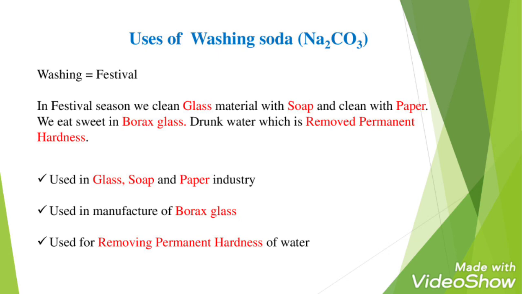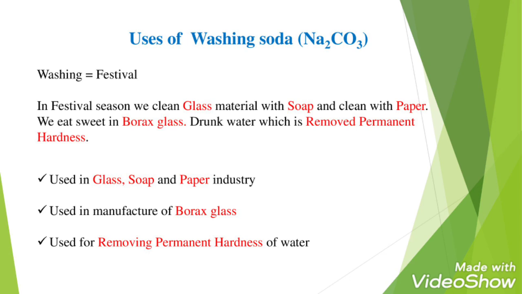After completion of work, we eat sweet in a borax glass, and drink water which has permanent hardness removed. So this is the story. Once again I am repeating. In festival season we clean glass materials with soap and clean with paper.